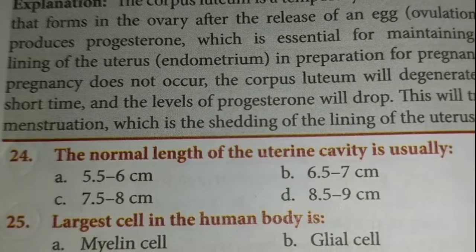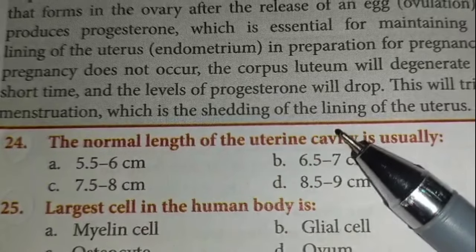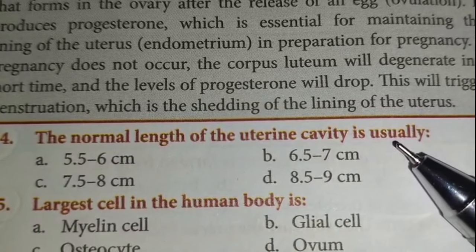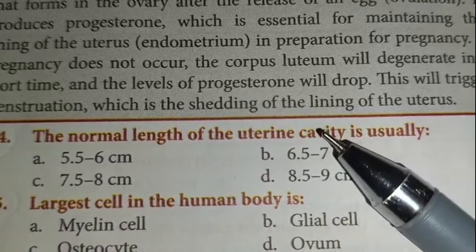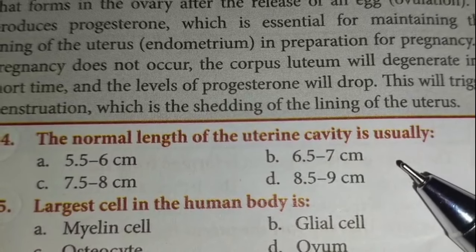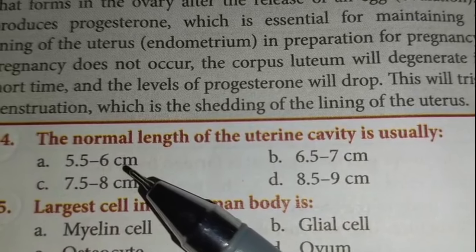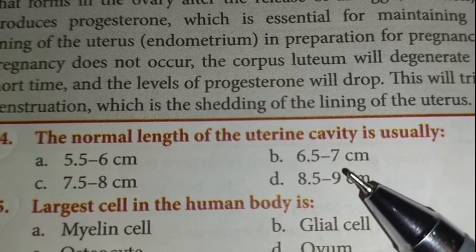And the next important question is, the normal length of the uterine cavity is usually. Once again, the normal length of the uterine cavity is usually. Option A, 5.5 to 6 centimeter. Option B, 6.5 to 7 centimeter.